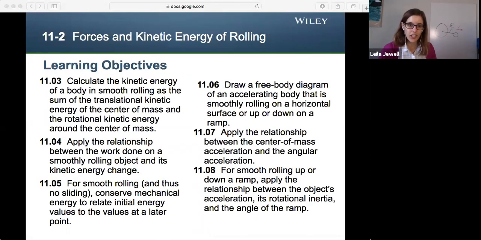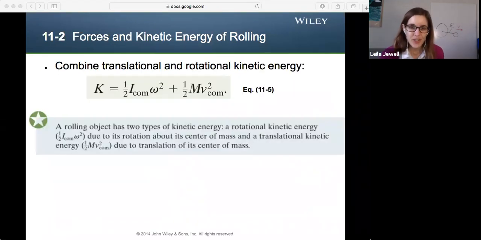So section 11.2, forces and kinetic energy of rolling. I'm just gonna keep rolling right on through. So for the kinetic energy of rolling, it's just a combination of the two kinetic energies we've seen already. So we have our kinetic energy of rotation, 1/2 I omega squared, and then also our classic kinetic energy, 1/2 m v squared.